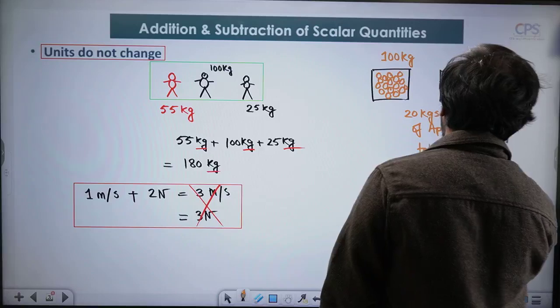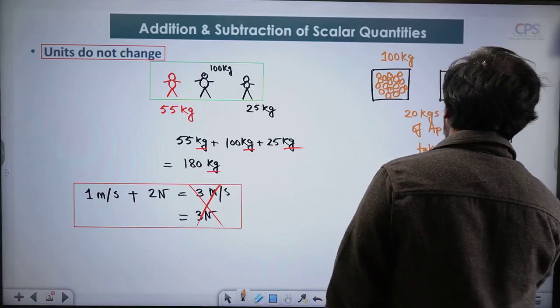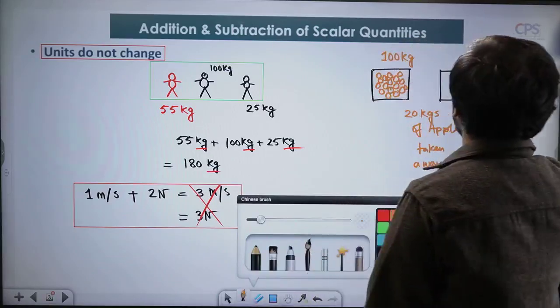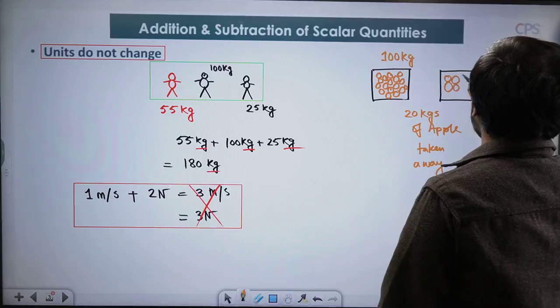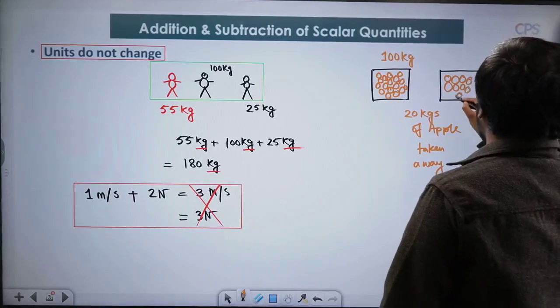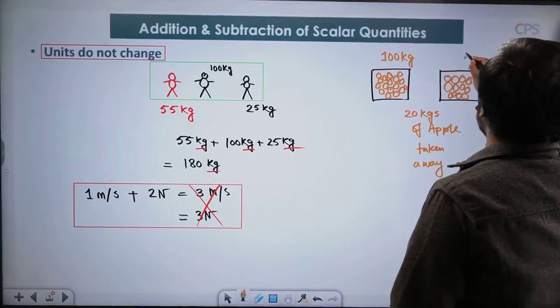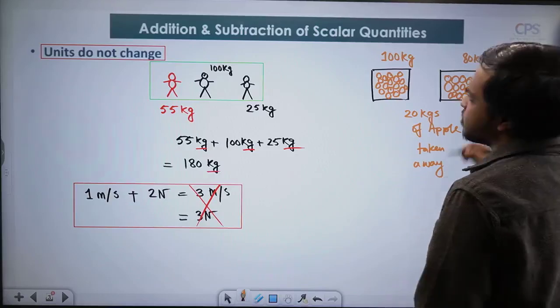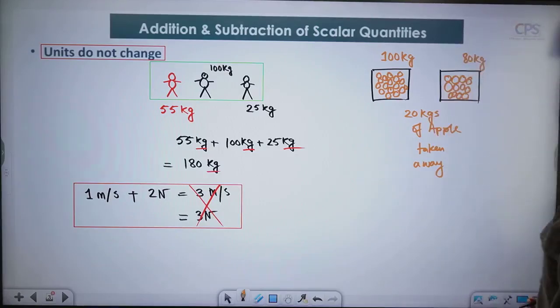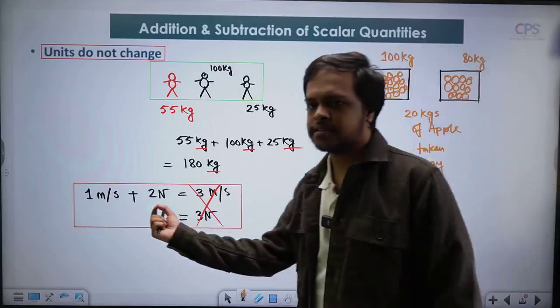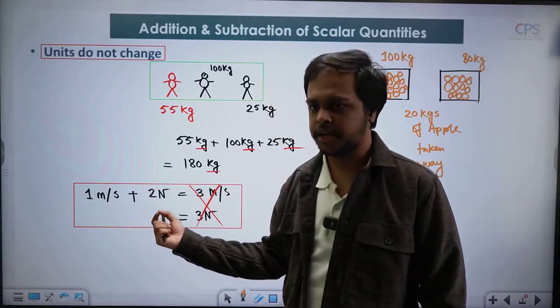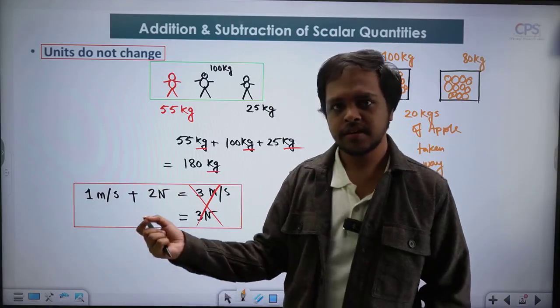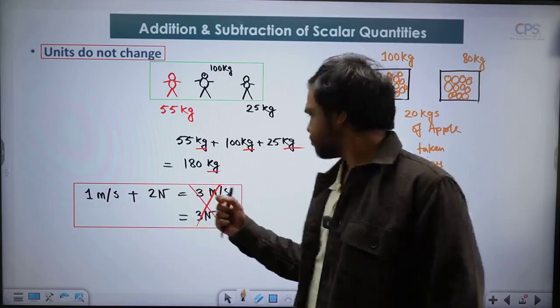So how many will be there? Very simple, 80 kgs, right? So this is subtraction, and also the units won't change. This is very easy, and they are done in a mathematical addition or subtraction way. There is no geometry or anything else involved within it.